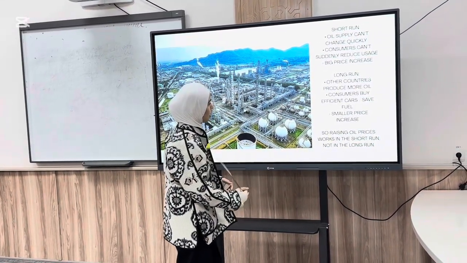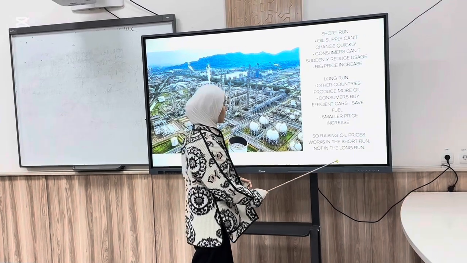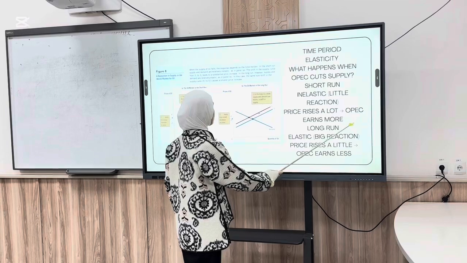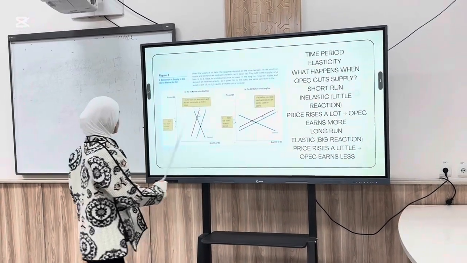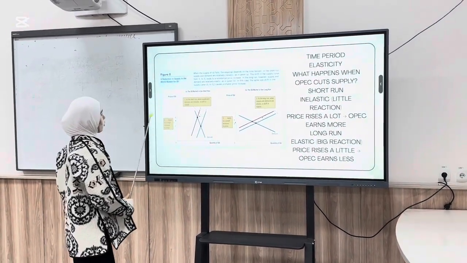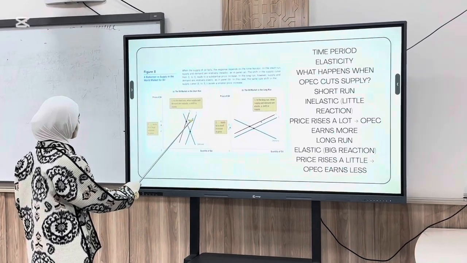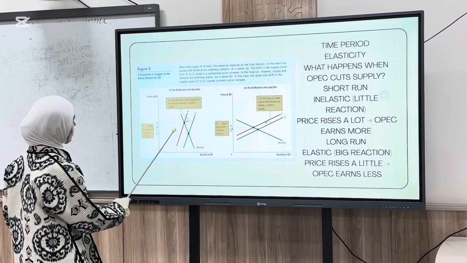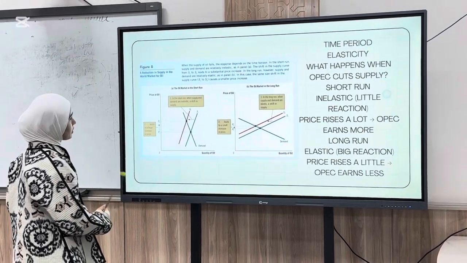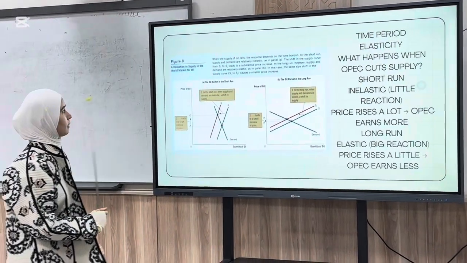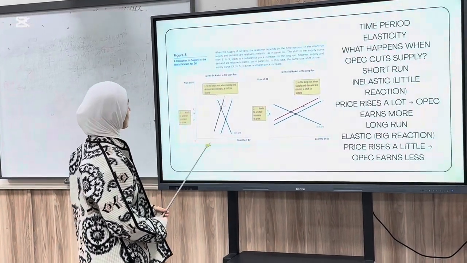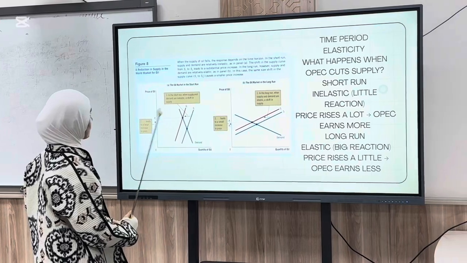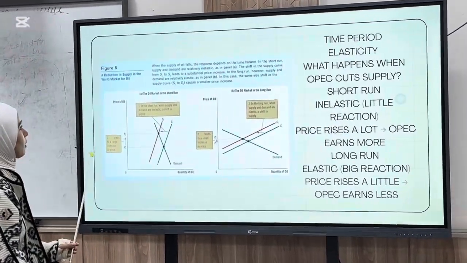So raising oil prices works in the short run, not in the long run. So in our graph, when the supply of oil falls, the response depends on the time horizon. In the short run, supply and demand are relatively inelastic, and the shift in the supply curve from S1 to S2 leads to a substantial price increase.